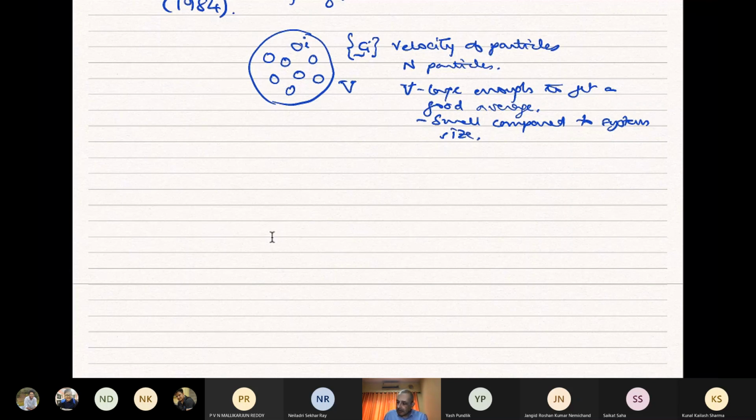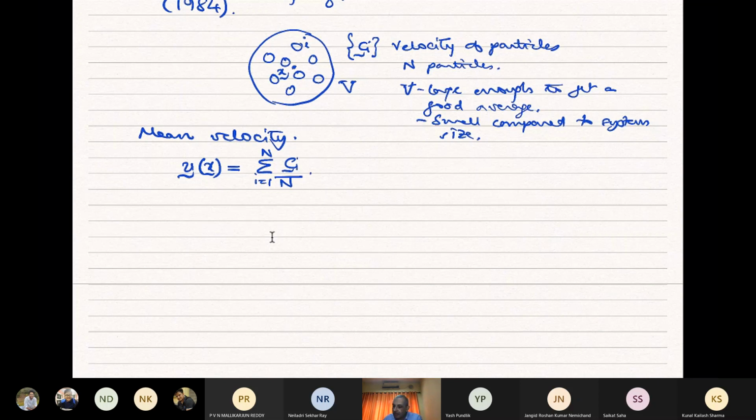So then we can define the mean velocity at a point, let's say at this point, which is at the center of the volume. We call that point x. So then the mean velocity at point x is simply equal to the summation i going from 1 to n of Ci divided by n.